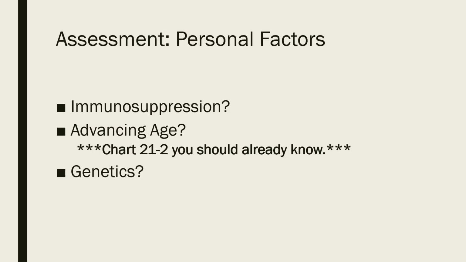Other reasons that people get cancers can be genetics. So these are personal reasons that can cause or lead to cancers. Cancer incidence increases when immunity is decreased. Advancing age is the single most important risk factor for cancer. Again, advancing age. Okay?